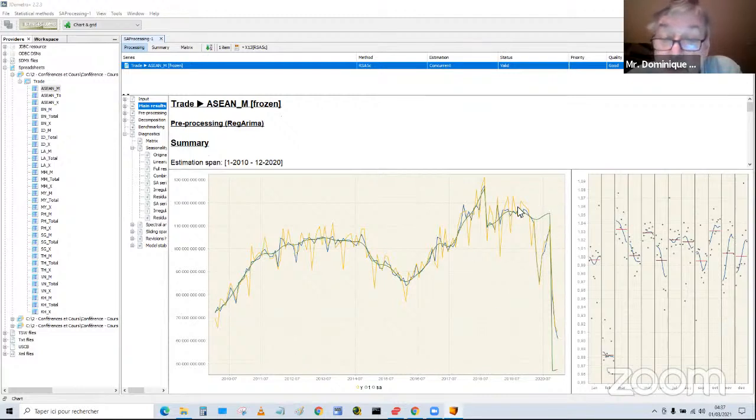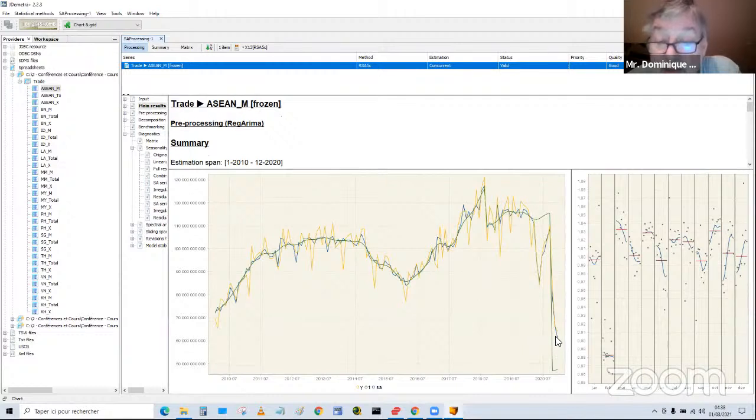So you see, after, of course, at the end of a series, it's very, very scarce. And what is really scarce? It's this one. You see? This is the trend cycle, and suddenly you see that the trend cycle is outside the series itself. So it's not good.